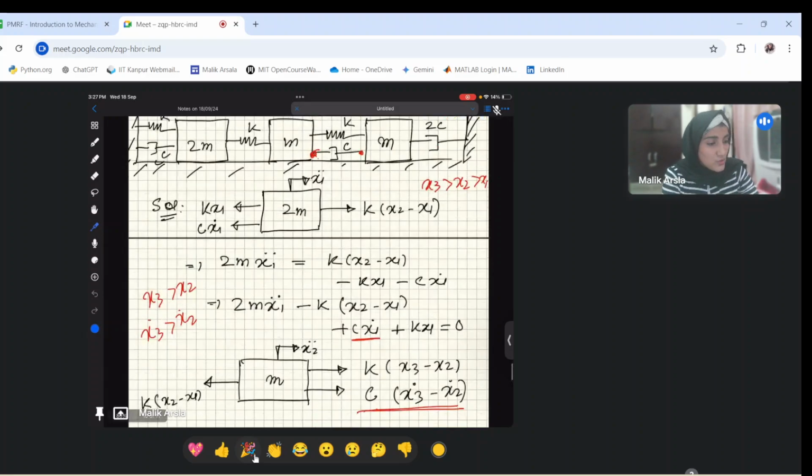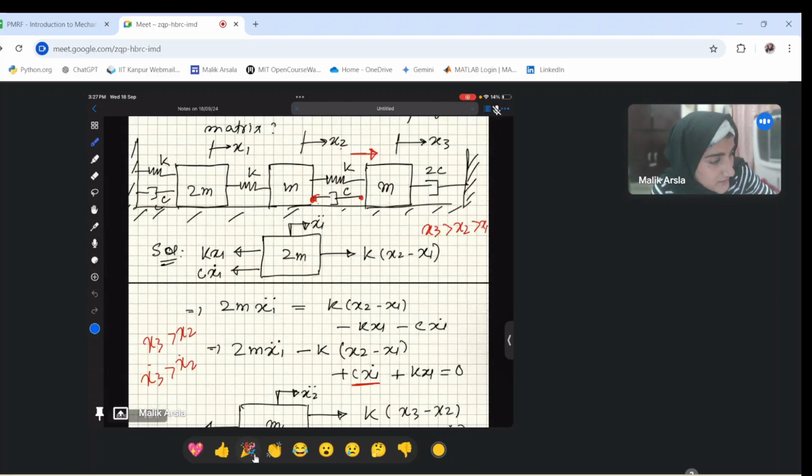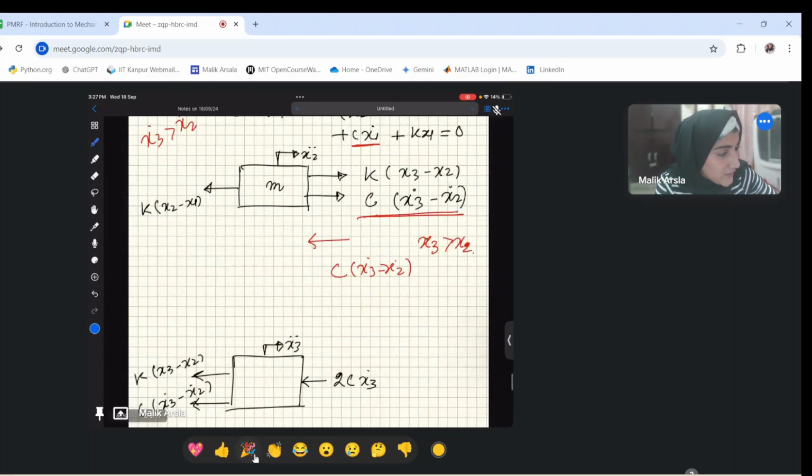So here also, this point has a velocity x3 dot, and this point has a velocity x2 dot. So let me write it down here. Basically this point is x2 dot, and then there is a damper, and on the other side we have the point x3 dot.